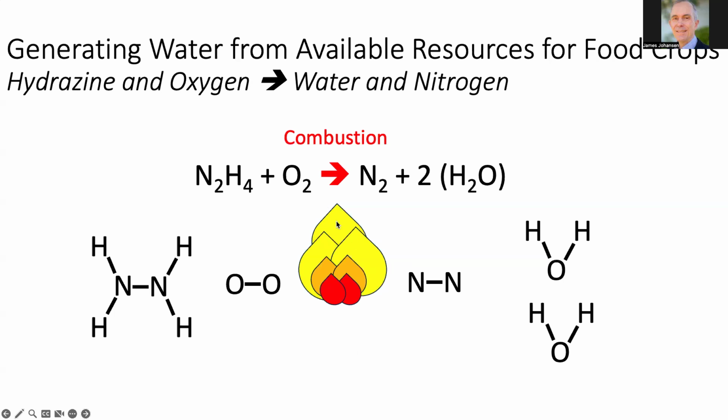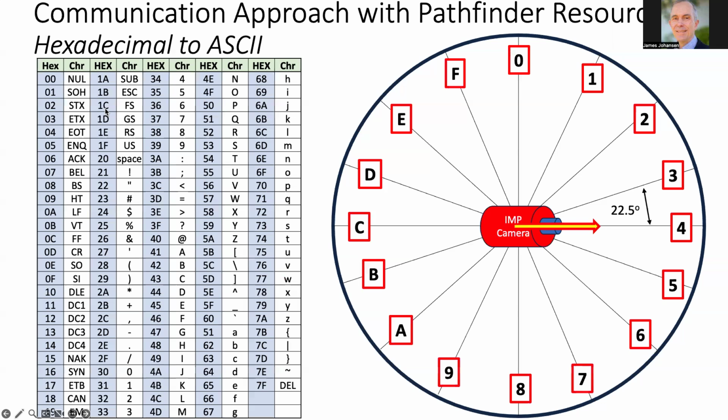If he has heat, he could take this hydrazine plus the oxygen that was available in the habitat and heat, and turn this into nitrogen, which wasn't something he needed, but he would get a lot of water, the amount that would be needed to water his crops. So that's the first example of a challenge that he had to come up with and solve.